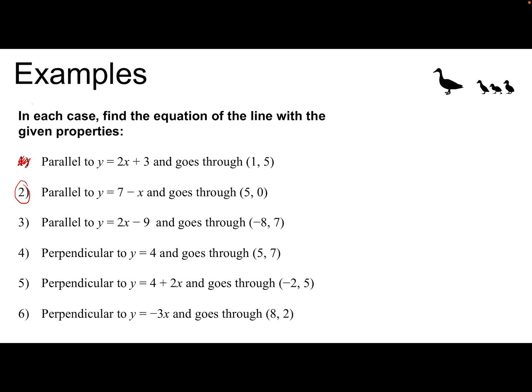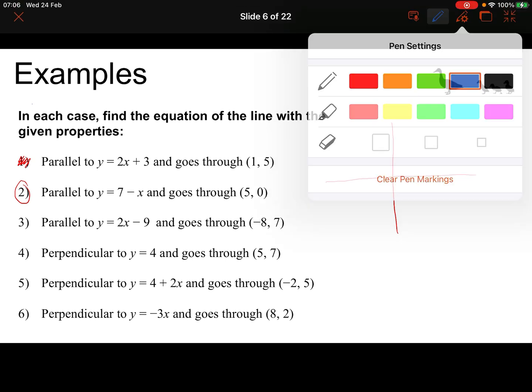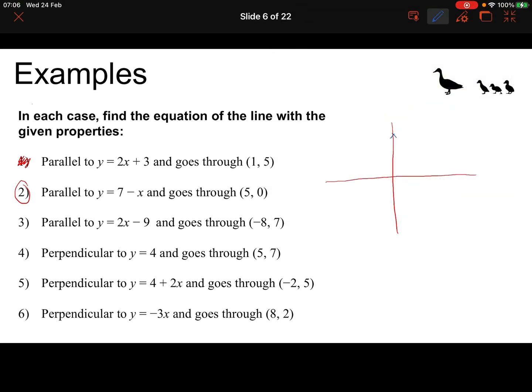So we're just going to visualize what the question means. The question is basically saying you already have a line that is y equals 7 minus x. Now that line has a y-intercept at 7, so it would be about here, and a gradient of -1, so something like this.